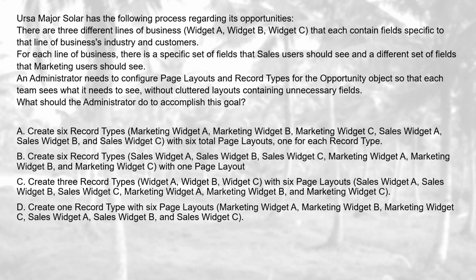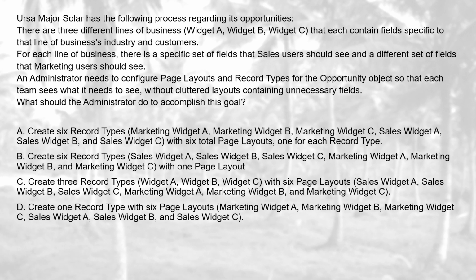C, create 3 record types, widget A, widget B, widget C, with 6 page layouts, sales widget A, sales widget B, sales widget C, marketing widget A, marketing widget B, and marketing widget C. D, create 1 record type with 6 page layouts, marketing widget A, marketing widget B, marketing widget C, sales widget A, sales widget B, and sales widget C.